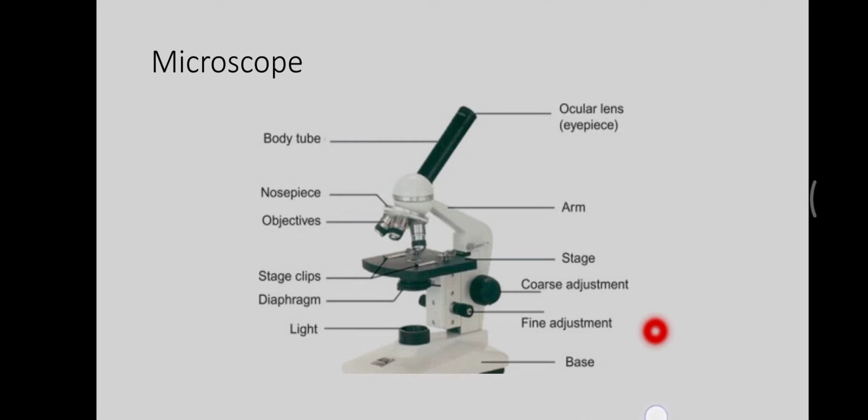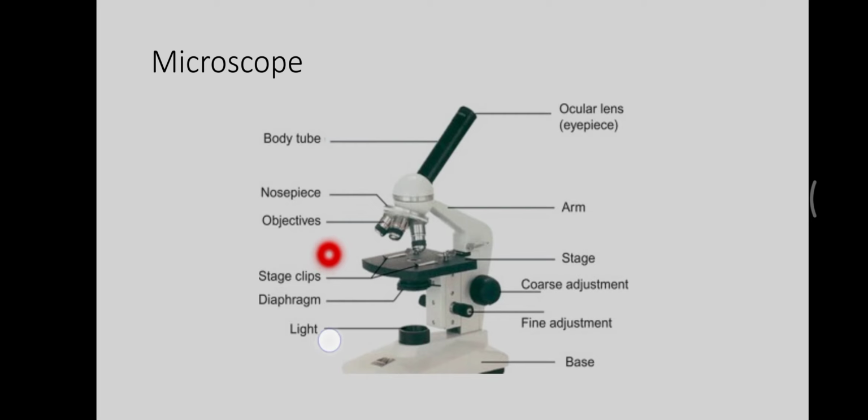This is the base. The base should be held together with the arm when moving a microscope. So when we have to move the microscope from one place to another, we will pick it up from the arm and base. This is the body tube. This is the nose piece.